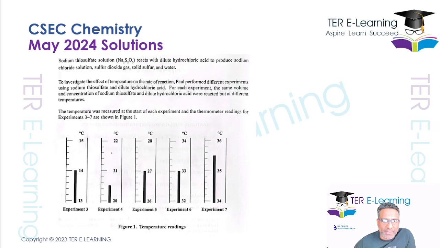For each experiment, the volume and concentration of the sodium thiosulfate and dilute hydrochloric acid were the same, but reacted at different temperatures, right? So it's a question involving rates, but in here we are changing the temperature at which the experiment is taking place. So they have experiments 3, 4, 5, 6, 7, and they give us some temperatures.